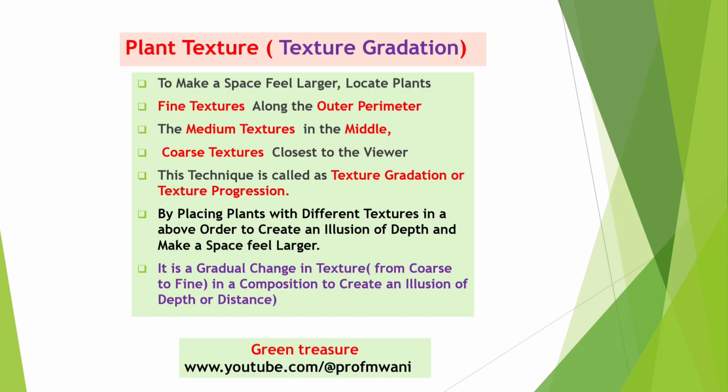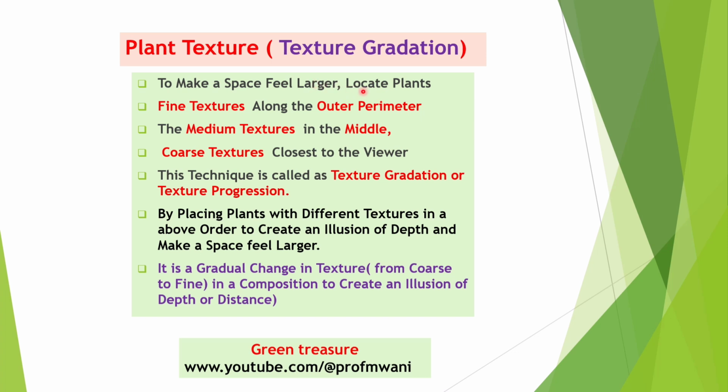Now the question is, this plant texture will be used for texture gradation. What do we mean by texture gradation, and how is this texture gradation or texture progression used in landscape? To make a space feel larger, if you have a garden, you want a perception that the space is larger, though it cannot be larger.